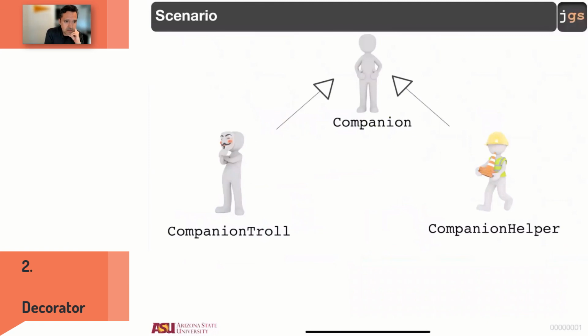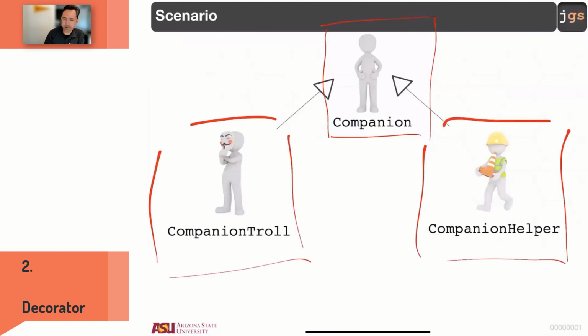Question in your exam. What about if I need these classes? You know what? I need some kind of class that is going to be a companion. And then this class has these children, a companion that provides help, and a companion that just makes fun of me.